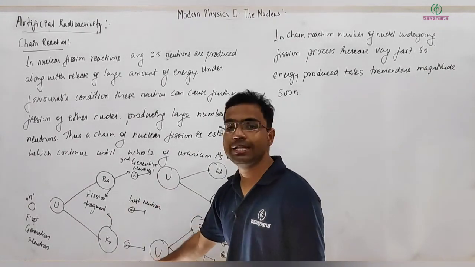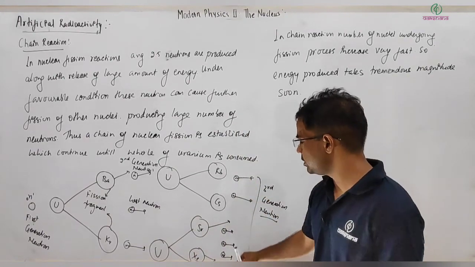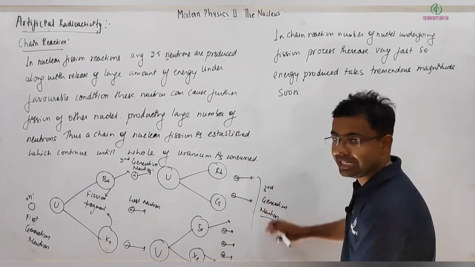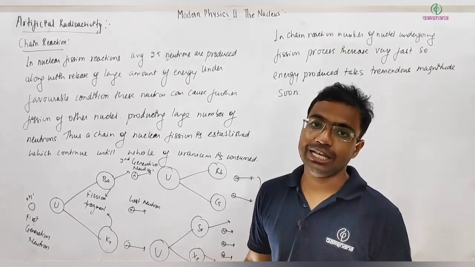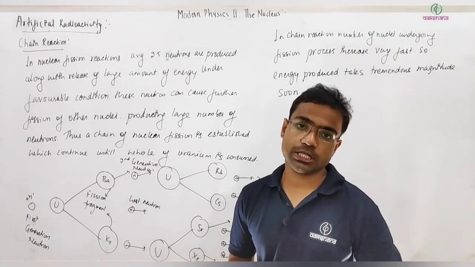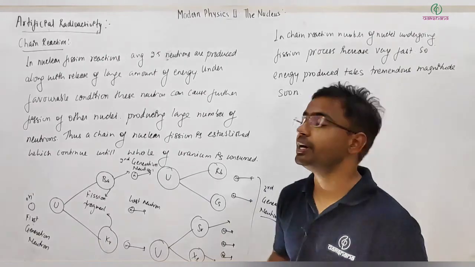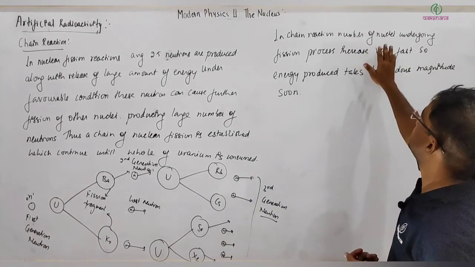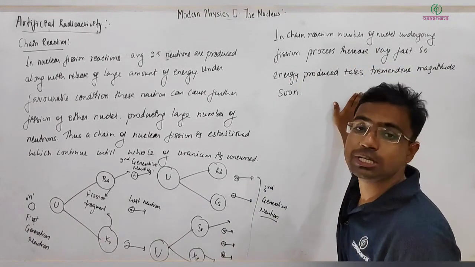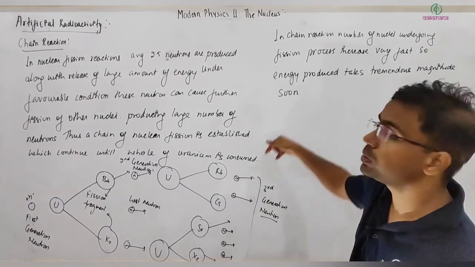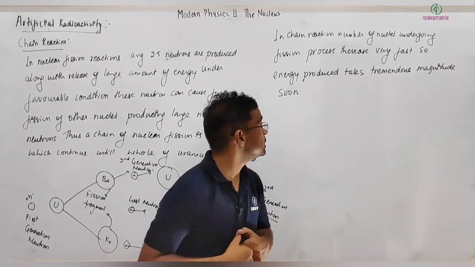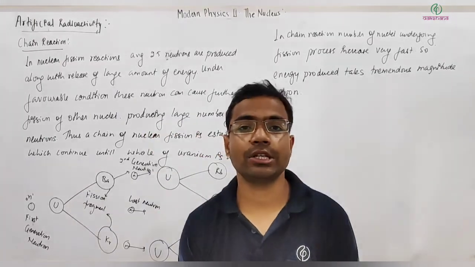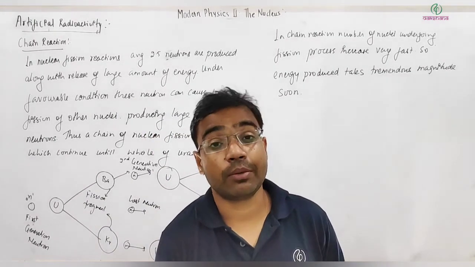These are called second generation neutrons, third generation neutrons, and further these neutrons will initiate fission of other uranium. So you can see the fission process increases very fast, the number of fissions increases very fast, and the energy produced is tremendous in magnitude. This happens in the case of nuclear bombs.